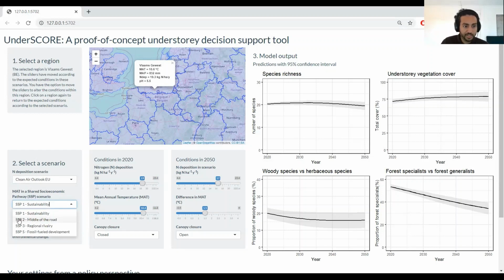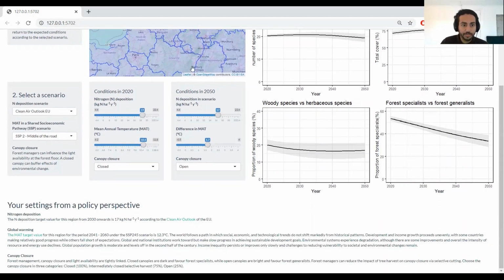Here, let's pick SSP2, the middle of the road. We see an increase in the temperature. And then we have the output variables here. With these input scenarios, there is also always a narrative which explains and redirects to the important links where you can find the policy background.